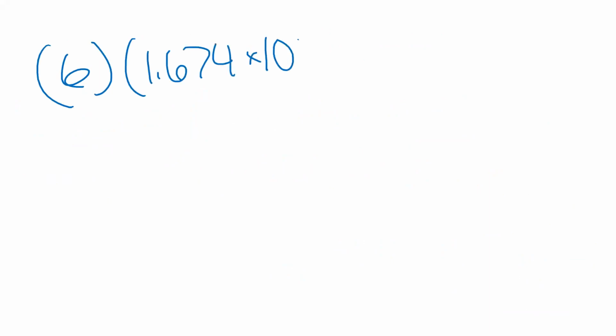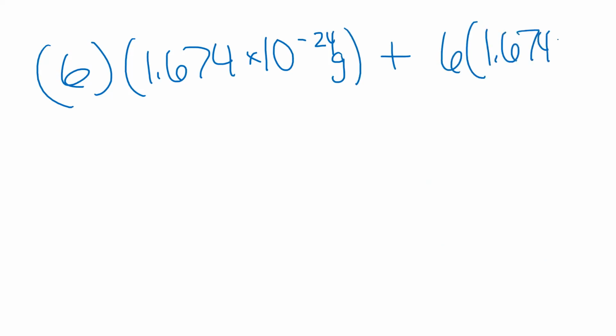You could find that by going 6 times 1.674 times 10 to the minus 24 grams plus 6 times 1.674, 672 I think it is, times 10 to the minus 24 grams, and that actually should give you a more accurate mass per atom.